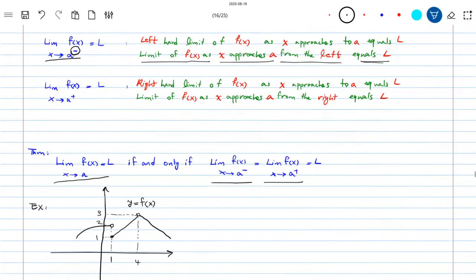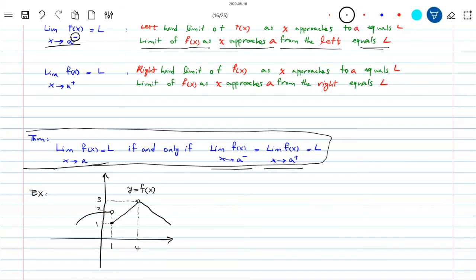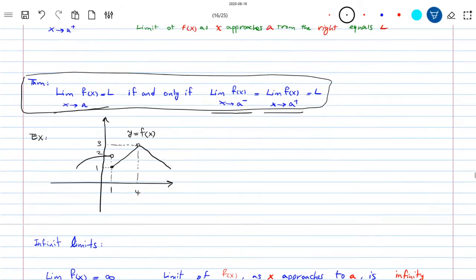So this theorem is basically saying that if the left-hand side and right-hand side limits are equal, then the limit is exactly the same as that. If the left and right limits are not equal, then the total limit, without any left or right notation, doesn't exist. So here's an example just to go through that.